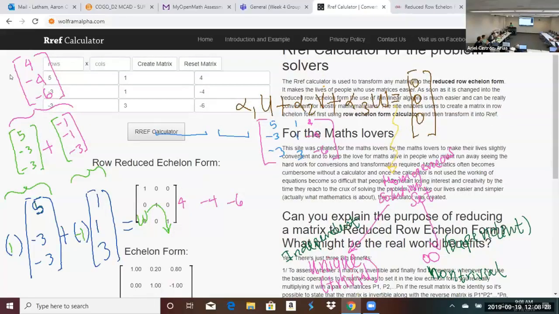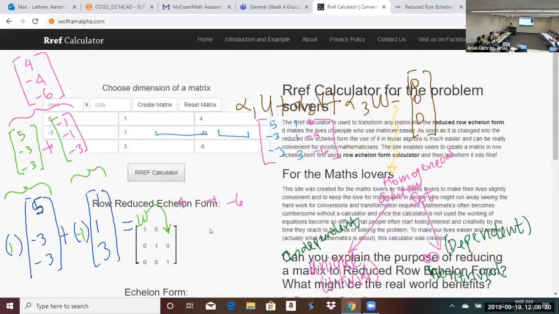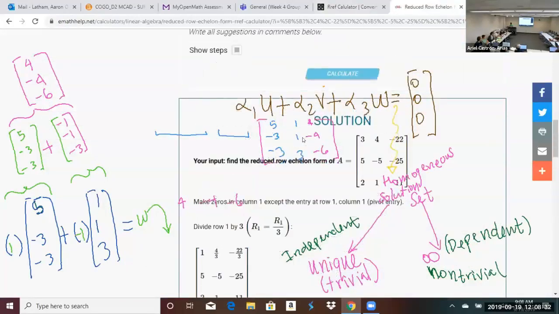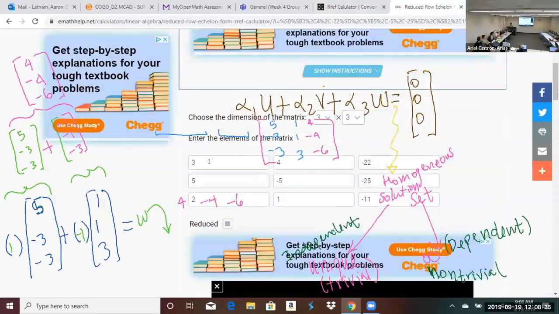Really? Well, let's try another calculator. I can verify it. Hold on a second. Okay, let me check.